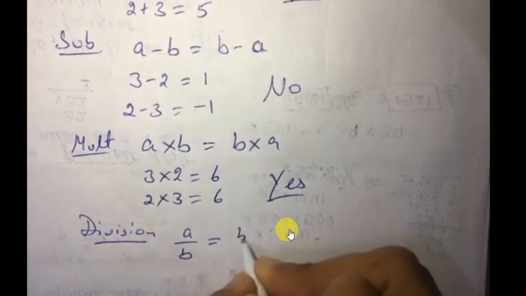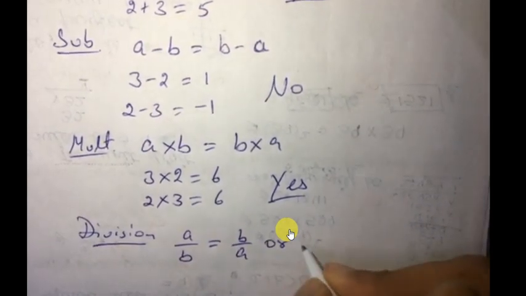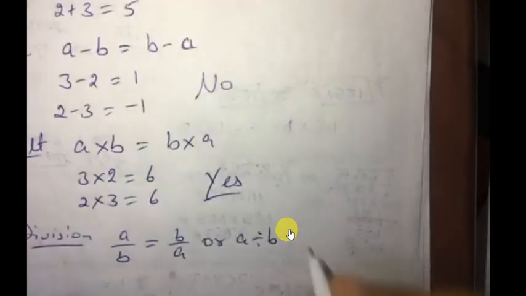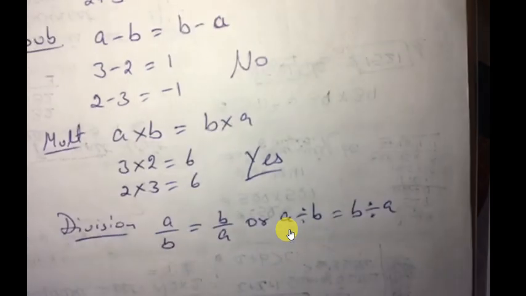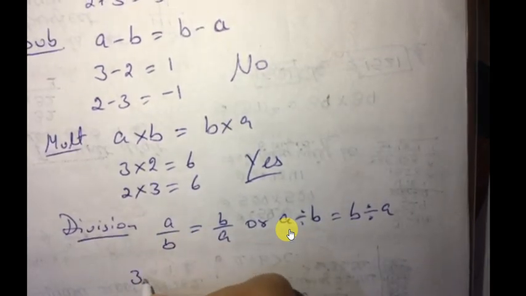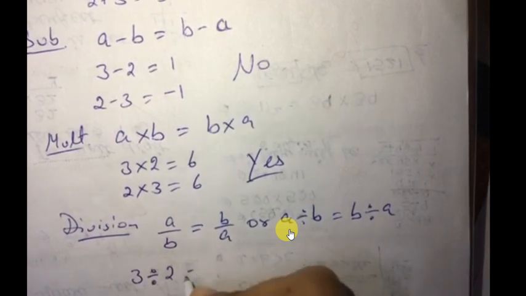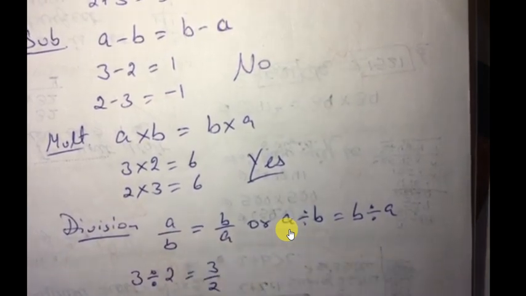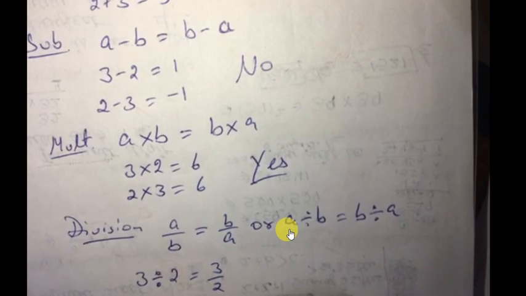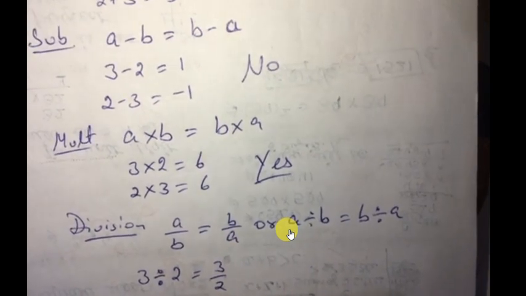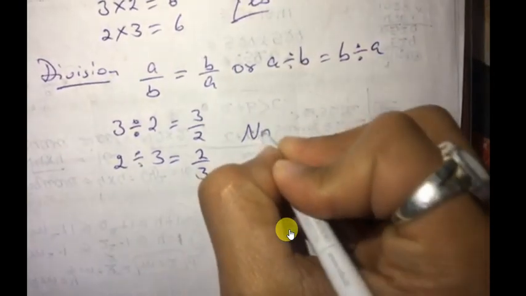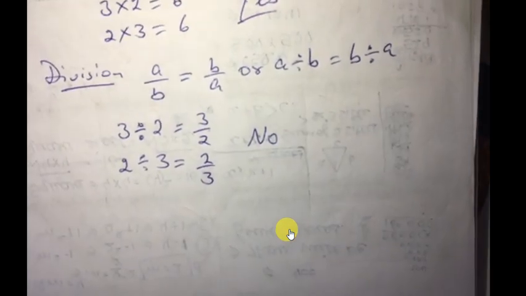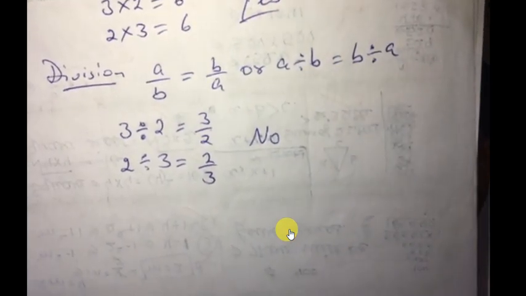A divided by B should be equal to B divided by A. Does this property work? Let's check. 3 divided by 2 gives you 3 by 2, whereas 2 divided by 3 gives you 2 by 3. As both the fractions are different, the answer will be no. This does not work in division.